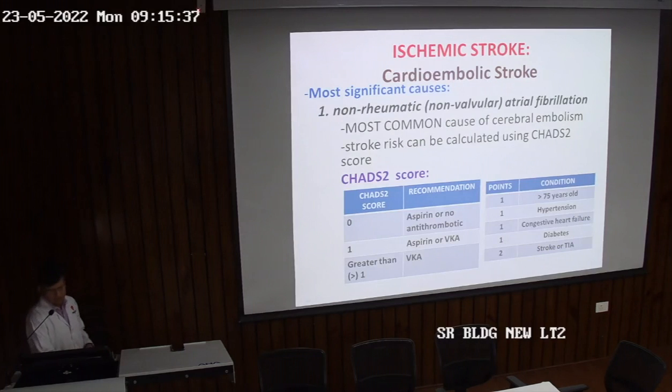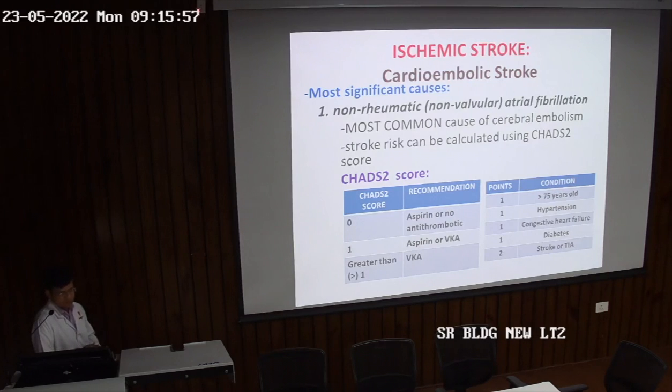So the most common cause of cardioembolic stroke is non-rheumatic non-valvular atrial fibrillation. Atrial fibrillation is the most common cause of cerebral embolism, and the stroke risk can be calculated using a score known as the CHADS2 score.